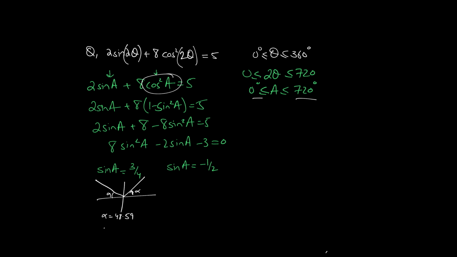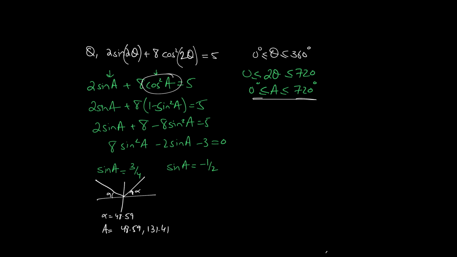Therefore the first angle for a would be 48.59. The other angle would be 131.41. Alright, now these are just two angles between 0 and 360, but your range clearly says that you need to find the angles of a from 0 to 720. So you add 360 degrees for further angles.